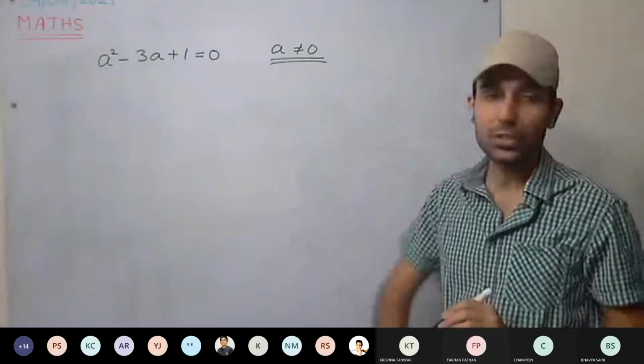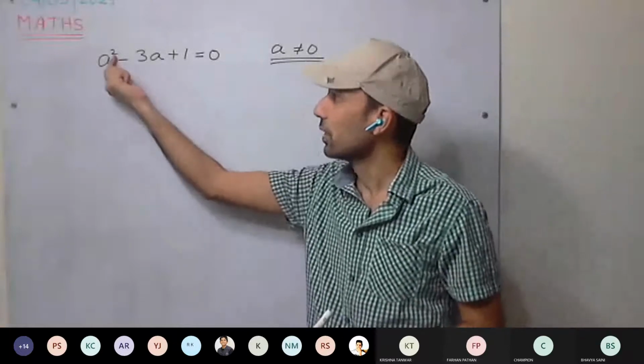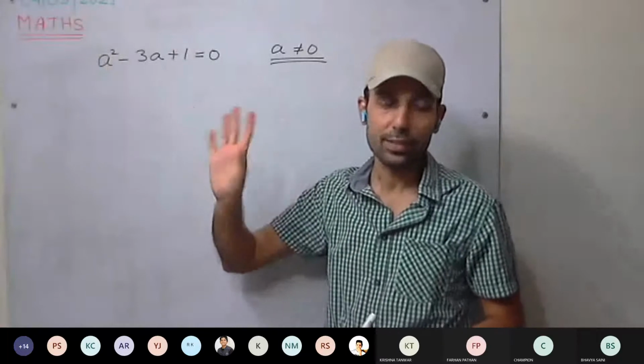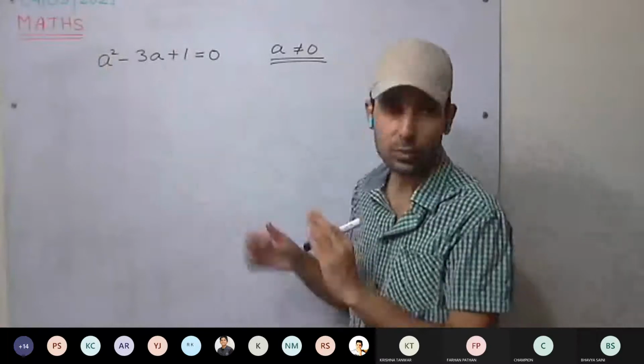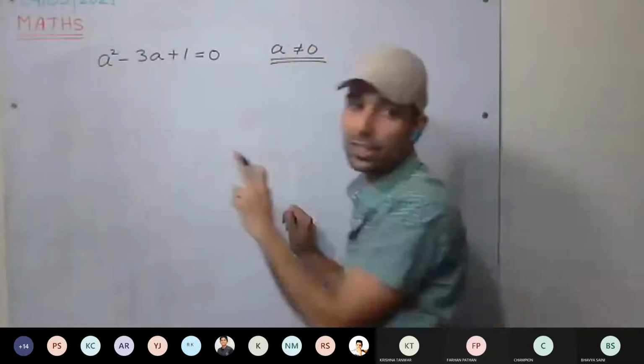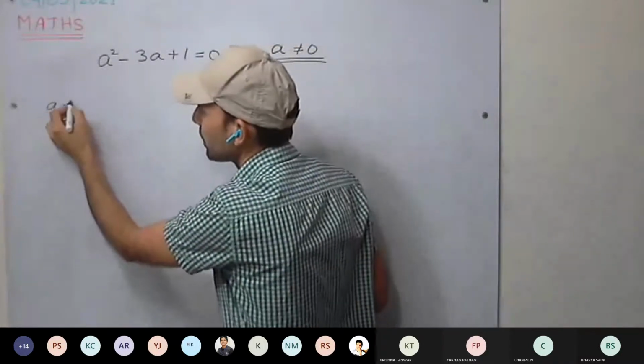So see here, in this question, what is the degree of the equation? 2, highest power is 2. So it is something like a square. Now see here, to solve all equations of such type we must remember these two identities only.